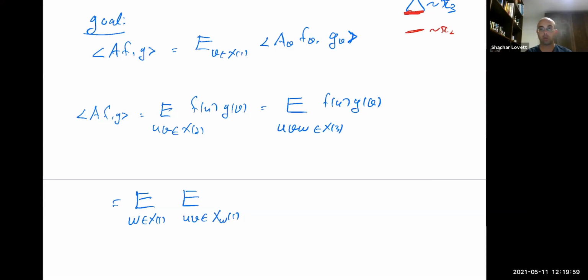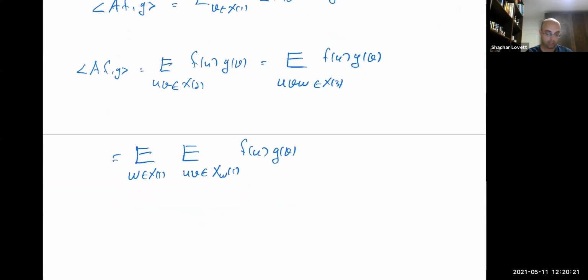We first choose this one node W, and then choose this edge to be a random edge touching this node. And that's the same thing, FUGV. But this is exactly what we have. If we look at the link of W, this is exactly, in a different color here.